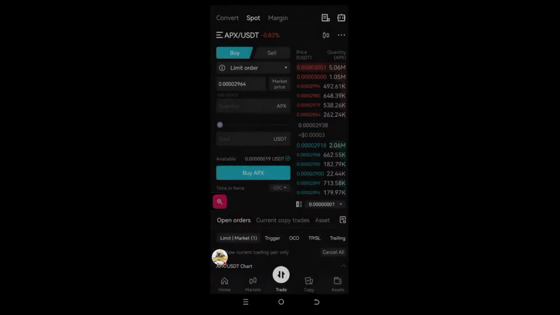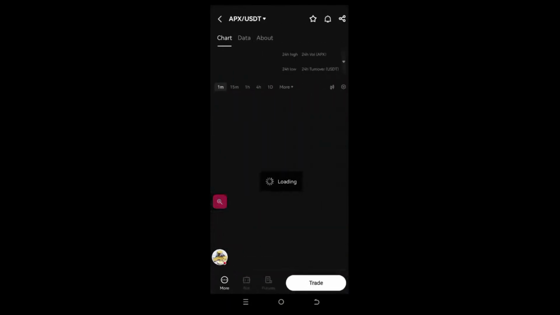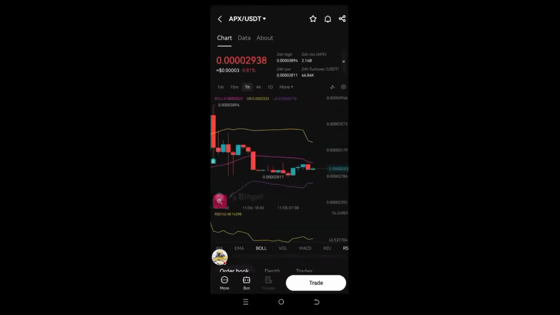Let me go to the chart so I can show you what's going on. And you can see this. Look at it. One of the things between KuCoin and even BitGet that really doesn't make me happy is that they don't have the parabolic SARs. Parabolic SAR for me is my top indicator.